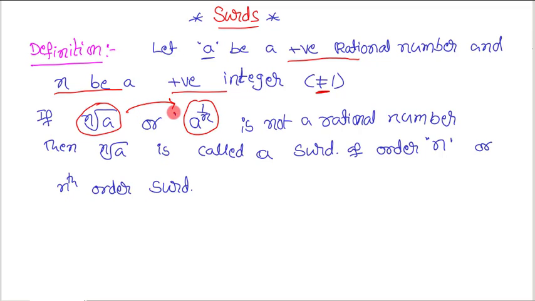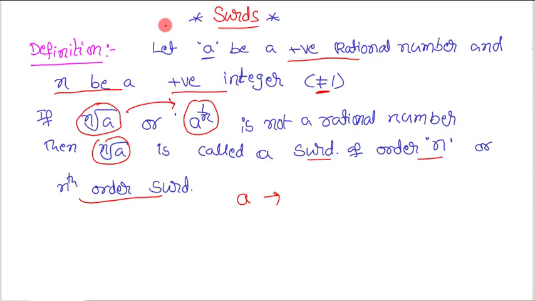Okay, nth root of A can be written as A to the power of 1 by n, is not a rational number, then the nth root of A is called a surd of order n, or nth order surd. To say this in simple words, if you take a rational number A, if it cannot be written as the nth power of any other number, then the nth root of A is called a surd with order n.